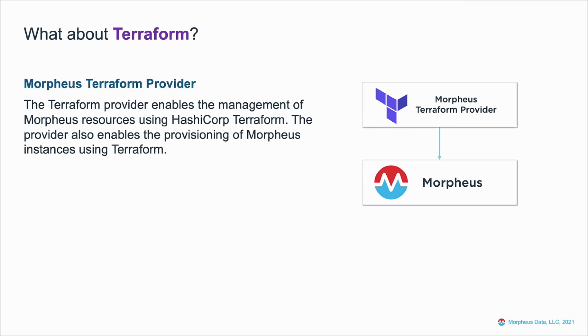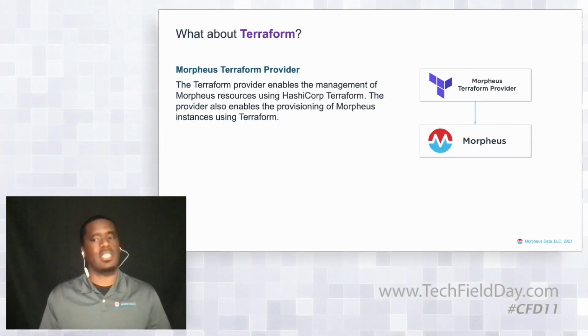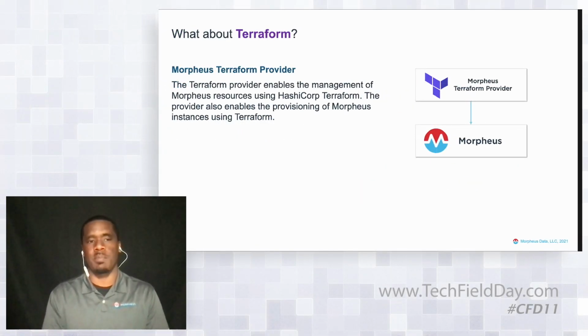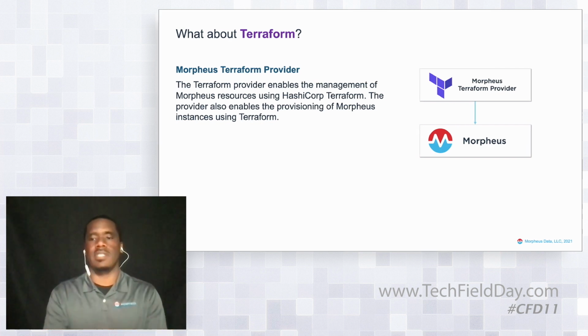So taking advantage of all the things that David walked through, but instead of walking through the GUI or the API or CLI, my organization leverages Terraform. And I want to continue using Terraform to get all the benefits of what Morpheus is able to provide as a platform. So I can leverage this to interface with the Morpheus platform, both from a management and configuration standpoint of Morpheus objects, but also to leverage Morpheus as an API endpoint for provisioning resources through Morpheus.